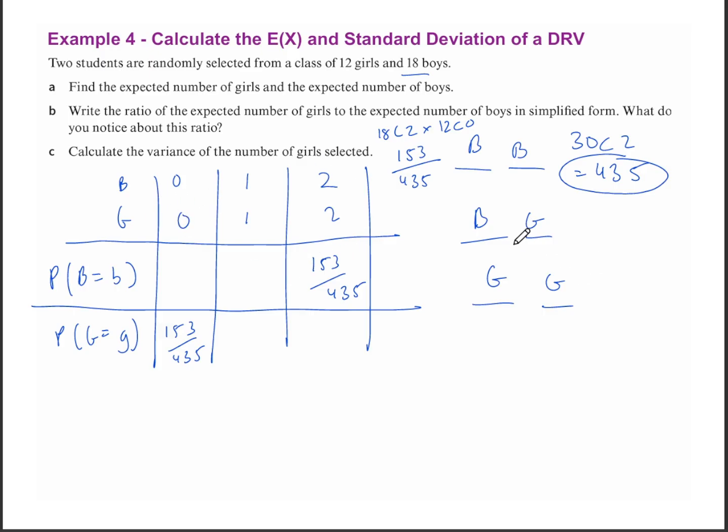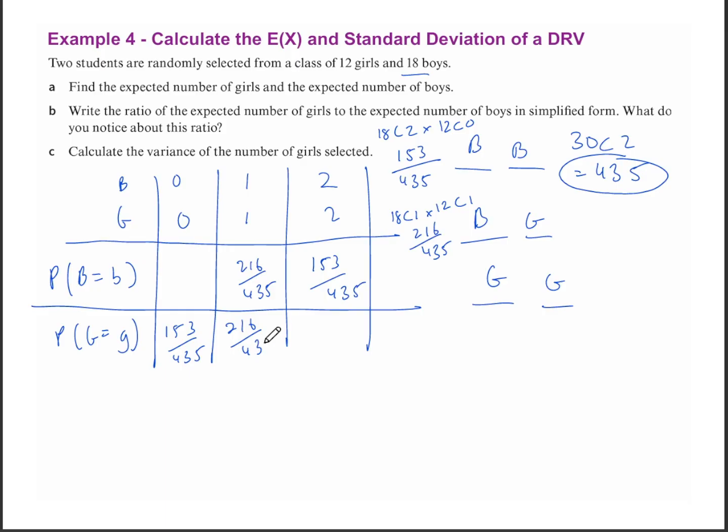Then we go into the second one, which is 1 boy and 1 girl, which means from our 18 boy group, we're choosing 1 boy, and from our 12 girl group, we are choosing 1 girl. This gives us a total of 216 possible selections. We divide it by the total number of possible selections, 435, to give us our probability of 1 boy and 1 girl being selected: 216 over 435 and 216 over 435.